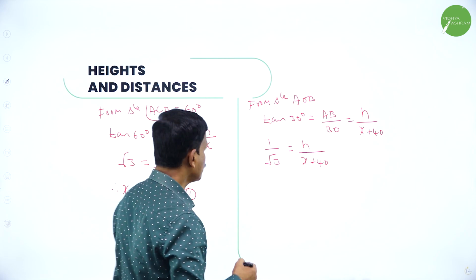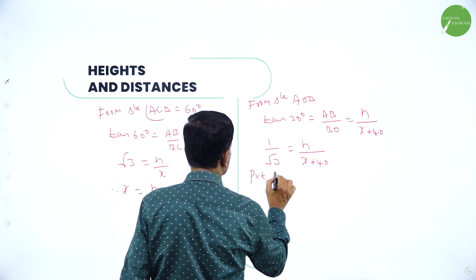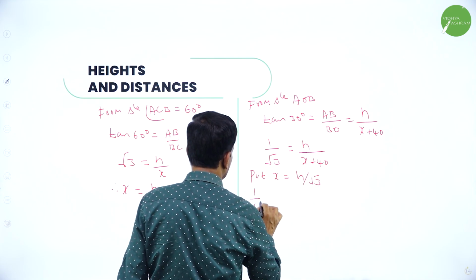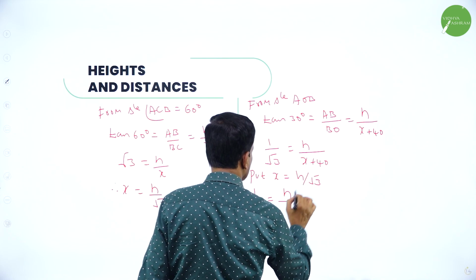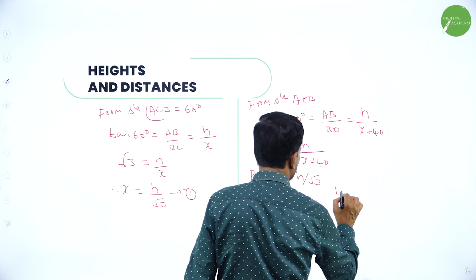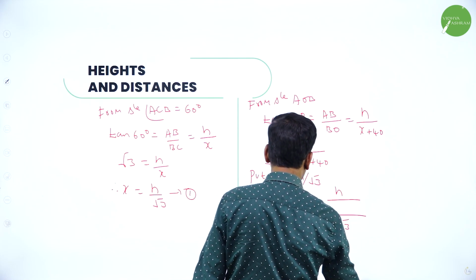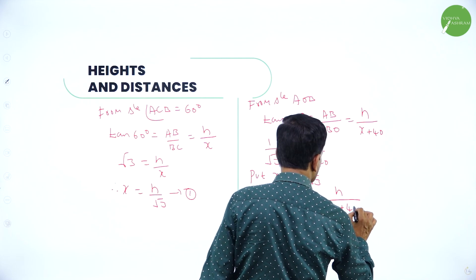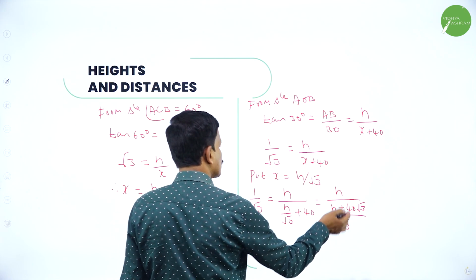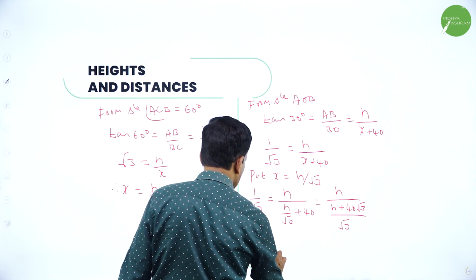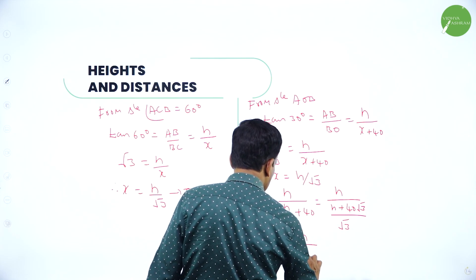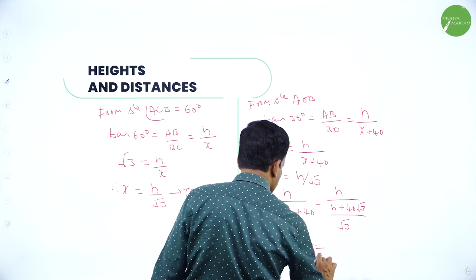Now, if you put X is equal to H by root 3, 1 over root 3 is equal to H divided by (H by root 3 plus 40). Take LCM: root 3 is the LCM, so H plus 40 times root 3 in the denominator, and root 3 H in the numerator goes up. 1 over root 3 is equal to root 3 H divided by H plus 40 root 3.